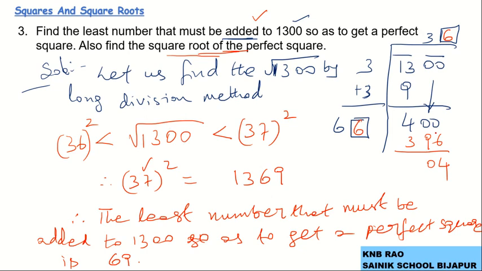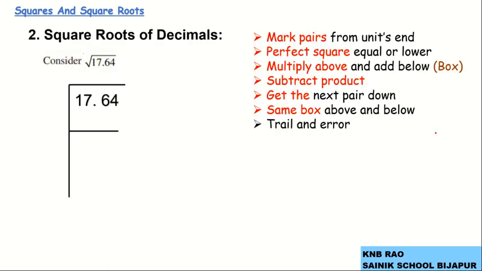Now, I will tell you one more important topic, and for that I will give you only one question, and that is finding the square root of decimals or decimal numbers. Same procedure to be followed, and the rest of the things we will do in our next session. Here, if you want to find the square root of 17.64, then mark the pairs from the units end.